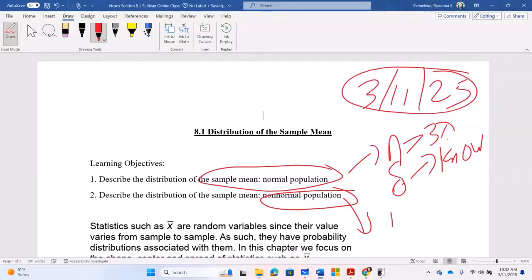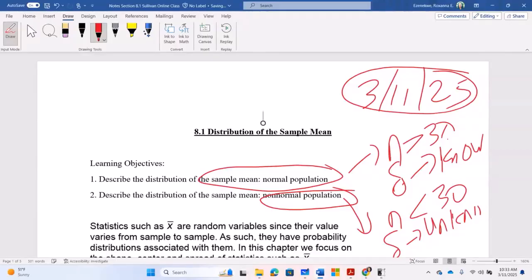When it's a non-normal population, the sample size is less than 30 and the population standard deviation is unknown. The data are taken from a simple random sample.